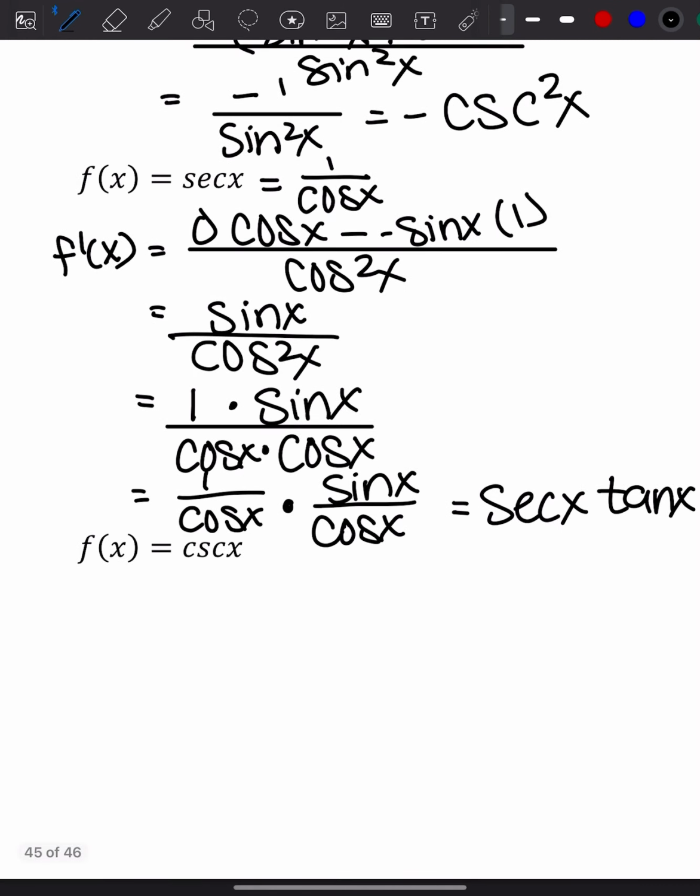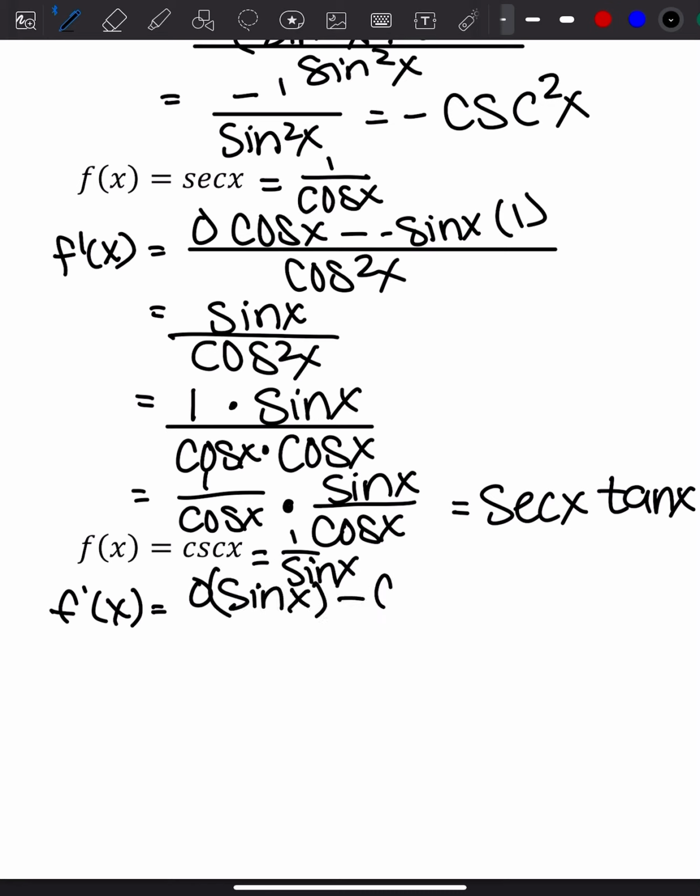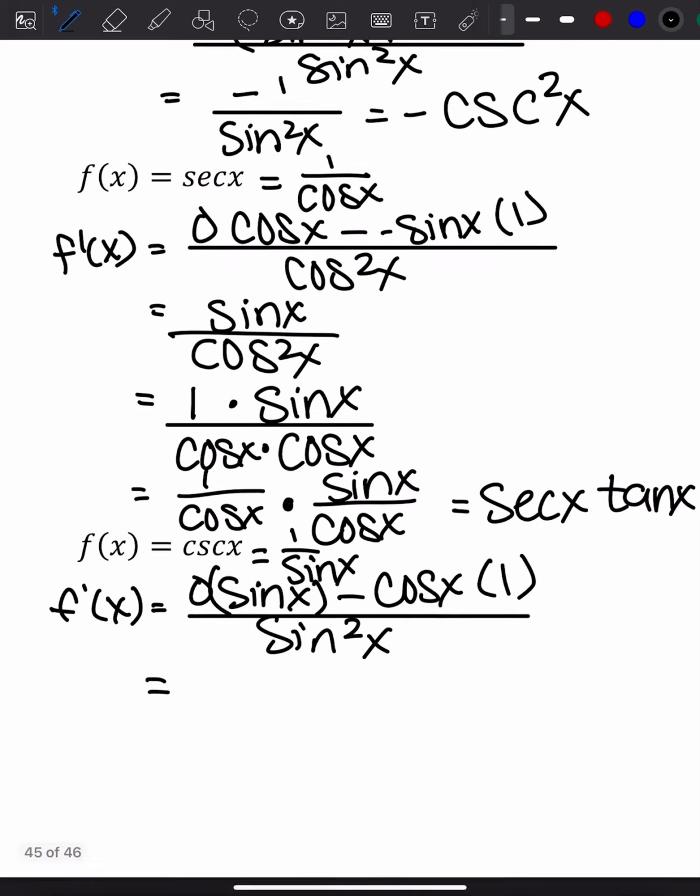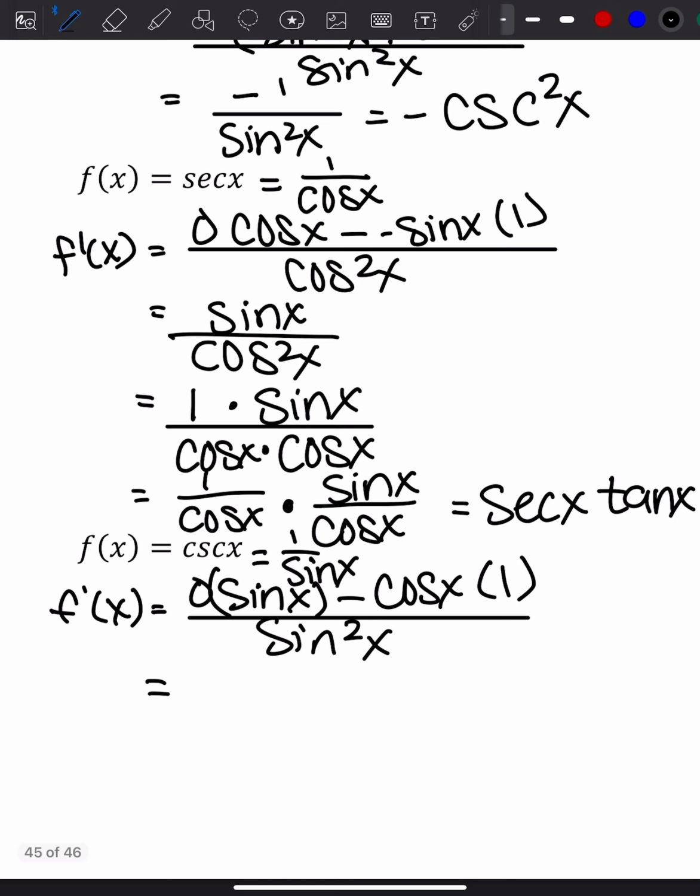And then our last one, cosecant, is 1 over sine. So the derivative of 1 times sine of x minus the derivative of sine times 1, all divided by sine squared. This time we don't have minus a negative, so that negative is still a part of it.